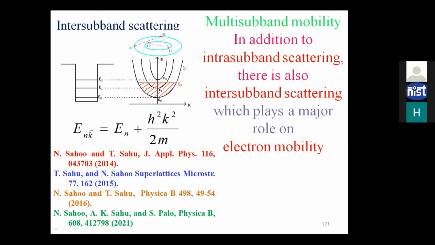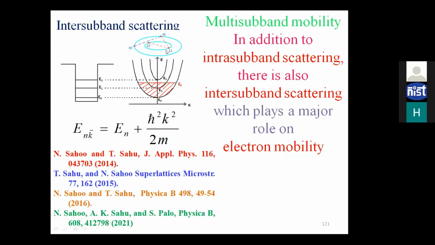If we take a cross section, you can see that the electron, due to the scattering phenomena, can go from 0k to 1k, or 0k to 0k prime, or 1k to 1k prime. Here 0 means the initial state and 1 the final state, k is the initial position and k prime is the final position.